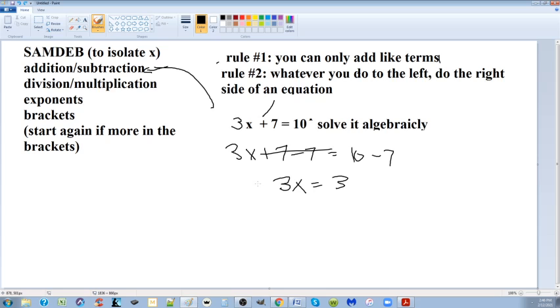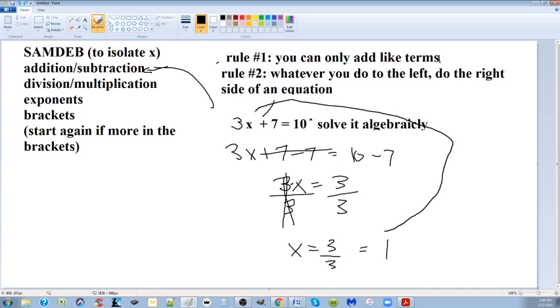Another way I love to think of it is you multiply by its reciprocal, and this is a better way of thinking mathematically. But right now I'm just going to say you divide on this side. Whatever I do to the left side of an equation, I must do to the right. 3 divided by 3, since it's multiplying x, they can cancel. I'm left with x is equal to 3 over 3, which simplifies to 1. To test it out, take this 1 and put it back into this equation.